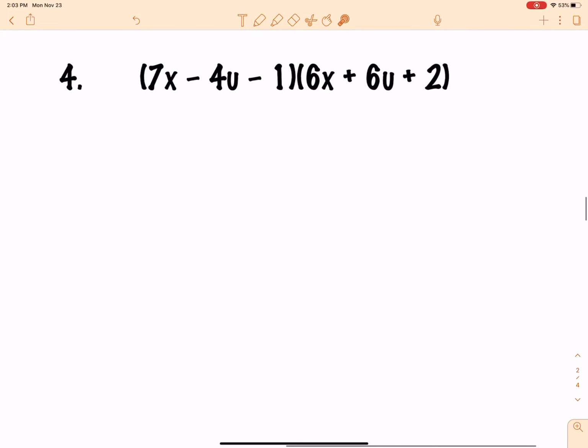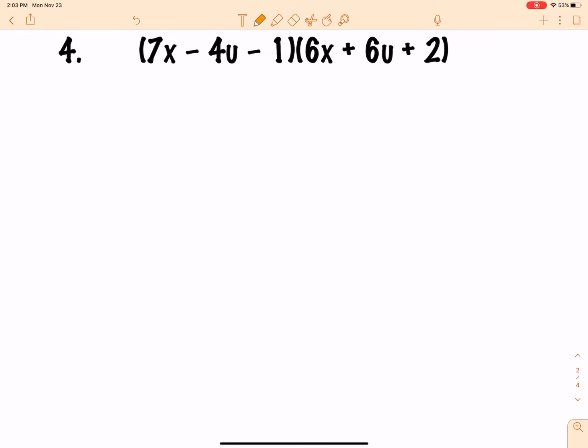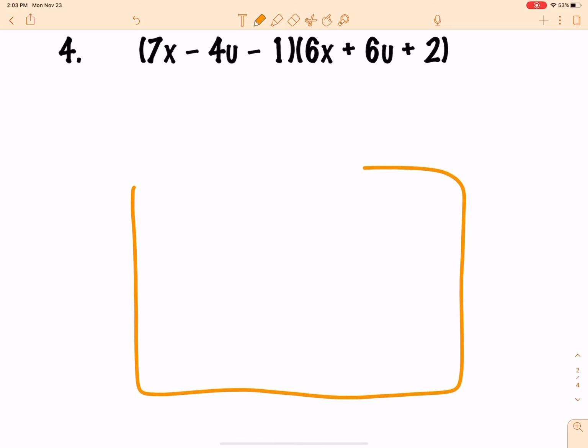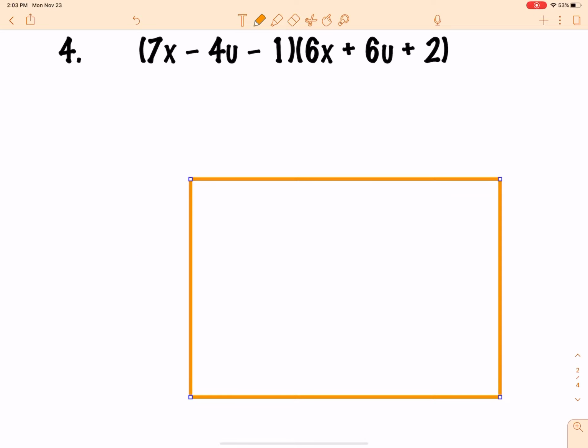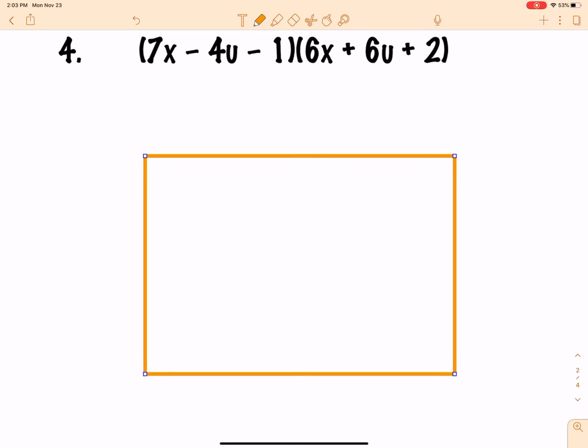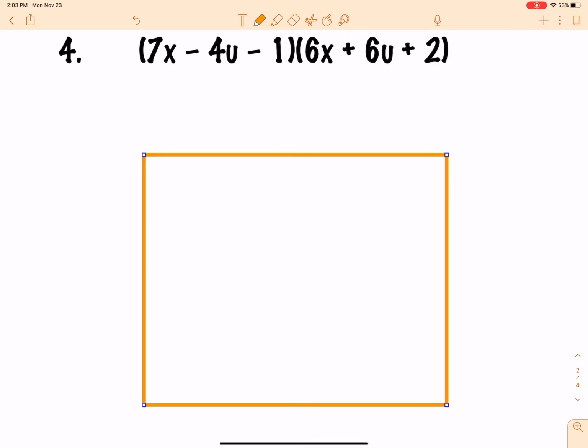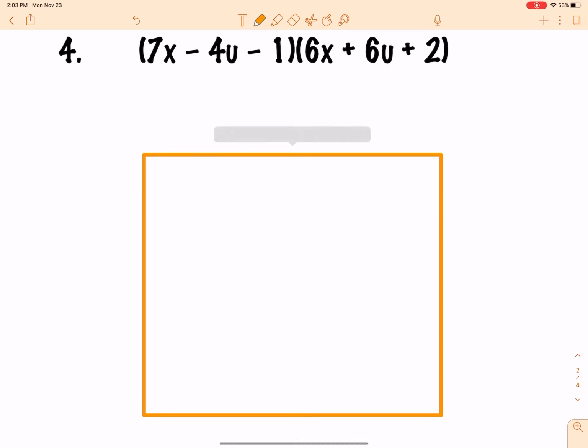All right, number 4, we got an even bigger box to deal with. So we have again, let's get the vocab correct, a trinomial times a trinomial. So we make a 3x3 box, and it's going to be more of a square, so I'm stretching it a little bit.